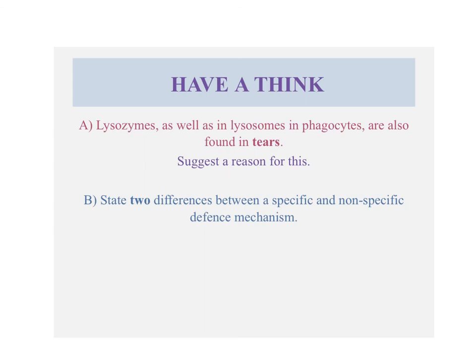Now, lysozymes are found in tears because the eyes are very close to a really important organ that you might not have heard about called the brain. So we want to digest any pathogens that are close to our eyes so we don't damage them, so they don't get into our bloodstream, so they don't go to our brain.